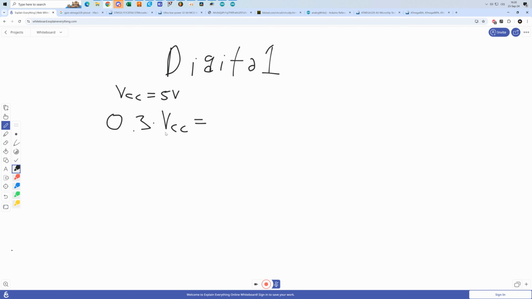So 0.3 times 5, that is 1.5 volts. So this is the maximum voltage that the processor will still see as a logic low. Of course, any voltage below this voltage will automatically be logic low.